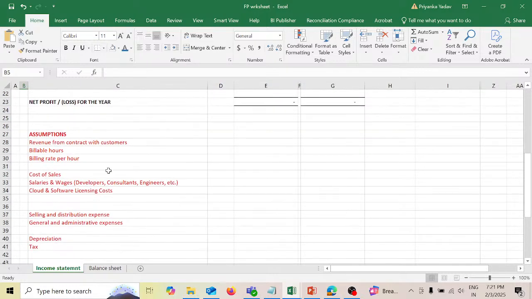Below here in red, I will create assumptions based on market trends, average earnings, and last year's historical data calculations. The first assumption is our sales, the revenue from contract with the customers.